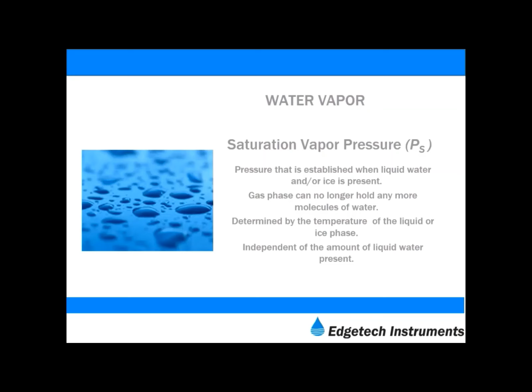It would not turn into water vapor and be dissolved, if you will, into the gas. So the gas in that system is saturated with water. So if you were to measure the water vapor pressure in that special condition, that condition of being saturated, that is what saturation water vapor pressure is. And again, that will come into play as we go through the training presentation.